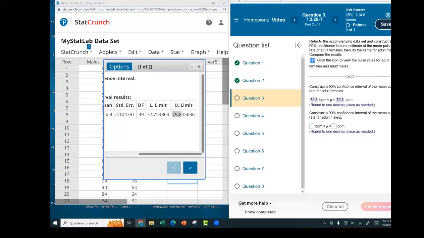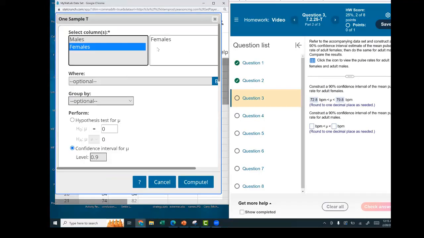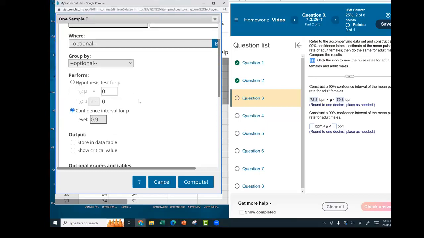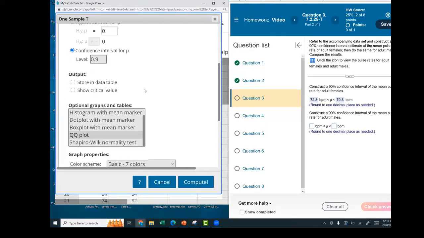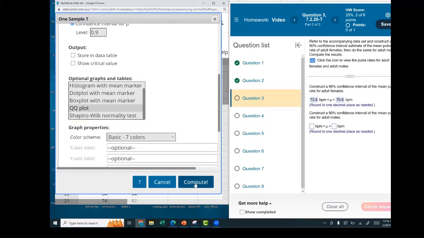Construct a 90% confidence interval of the mean pulse rate for adult males. Similar, just we're going to go up here, options, edit. And instead of females, we're going to pick males. Other than that, everything is the same. So compute.